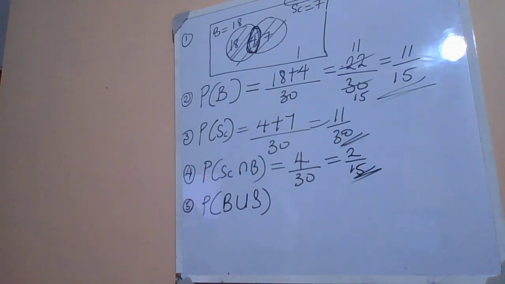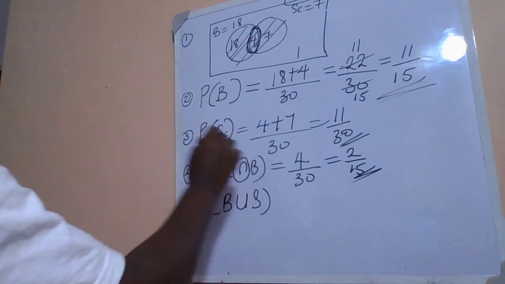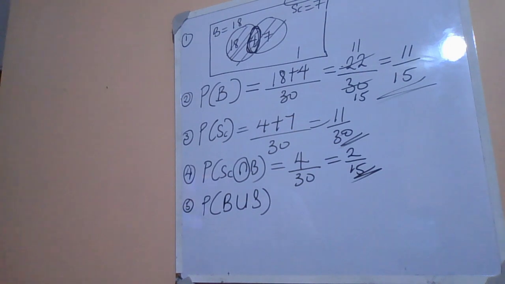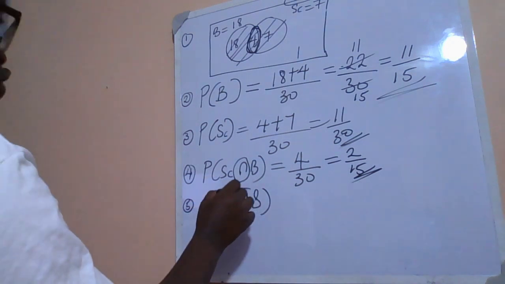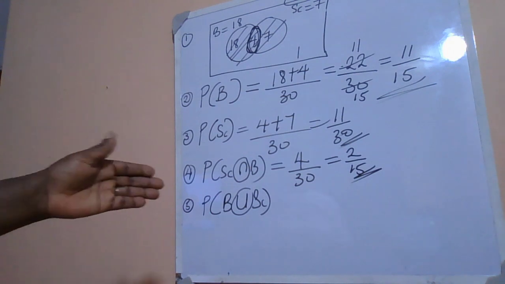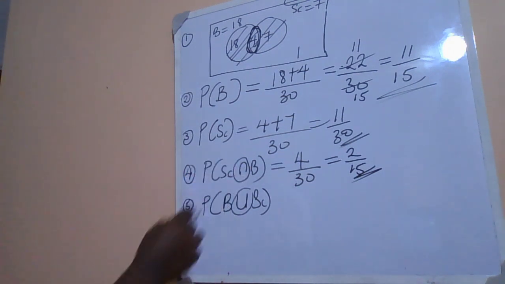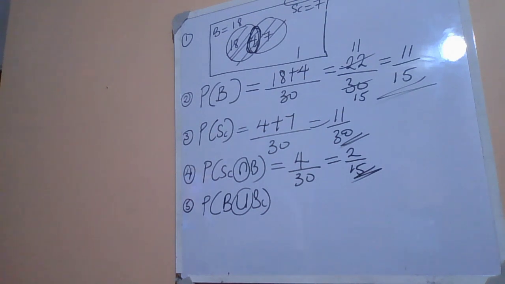Do you know why we need to represent that as a union? Because the question did not say and. And stands for intersection, while either stands for union. Do we get that? So we use union for either. We use and for intersection. So that's why we have to represent that as a union.